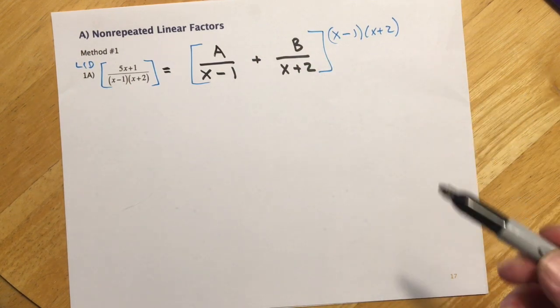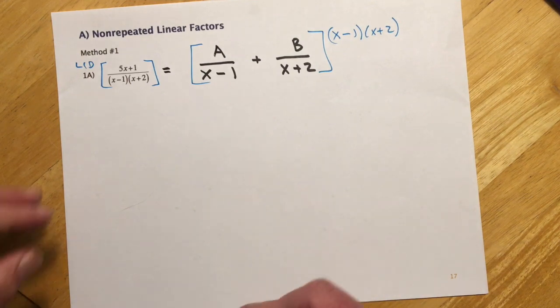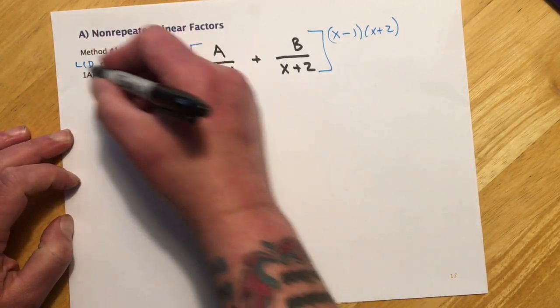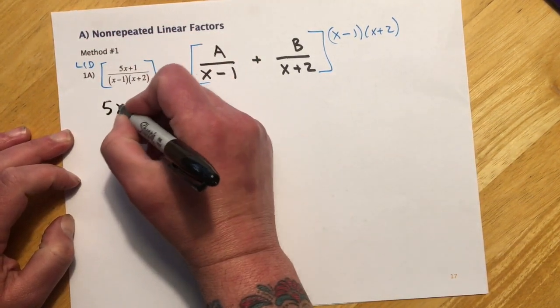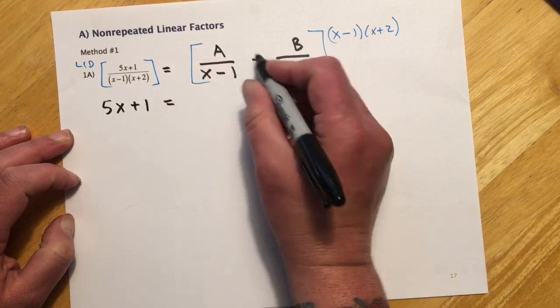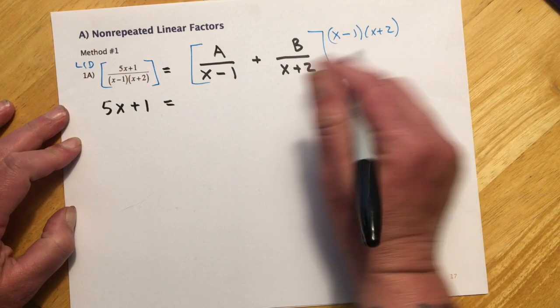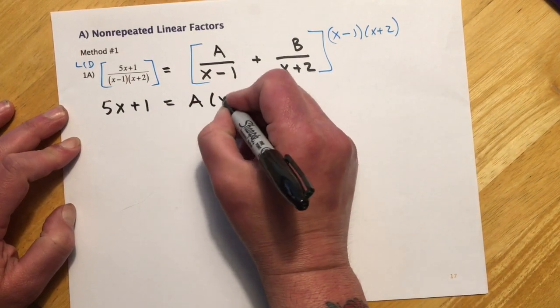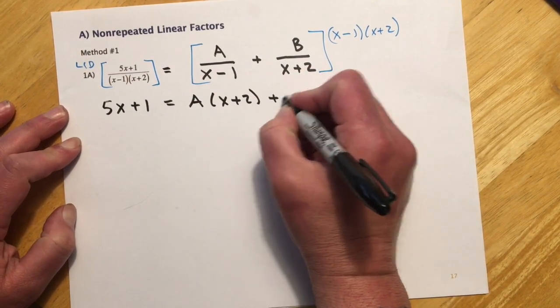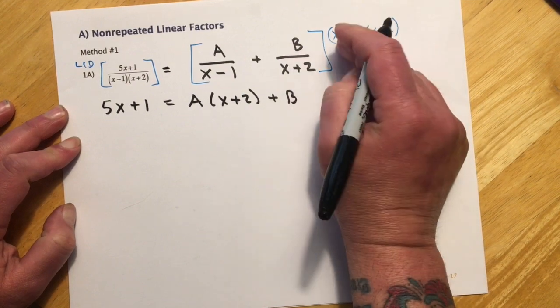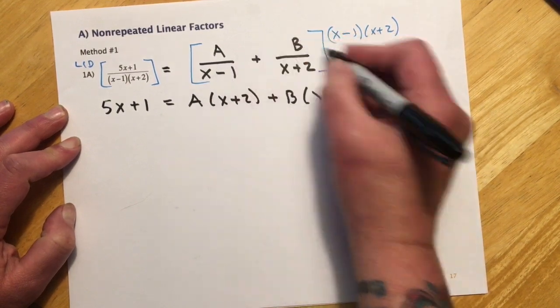So when I pick up the other one, I'll pick up here. Here the LCD would just cancel all of this, and I get the 5x plus 1. On this side, the x plus 2's cancel, so I get a times x plus 2 plus b times, and then those would cancel, so the x minus 1. So they each get the other one, basically.